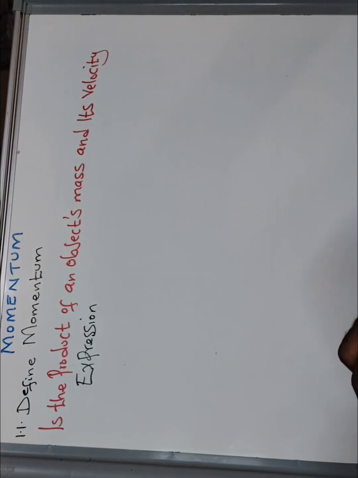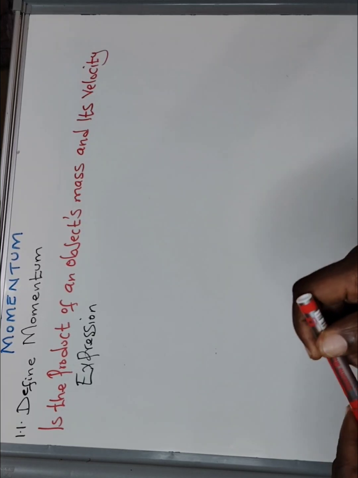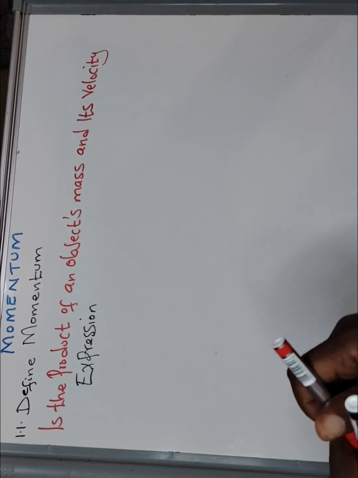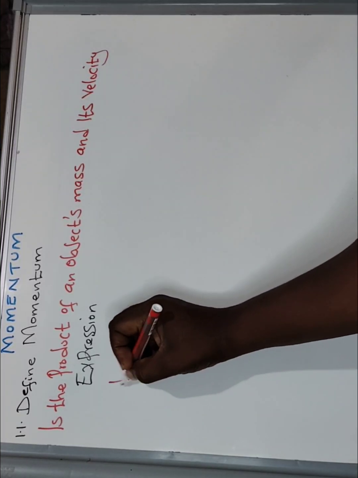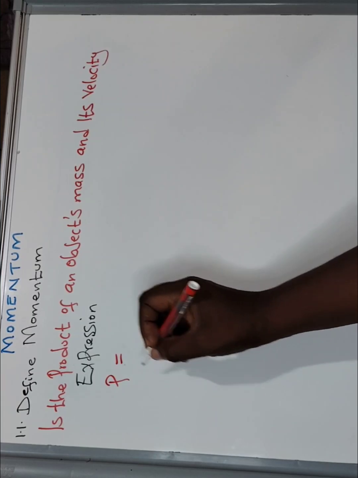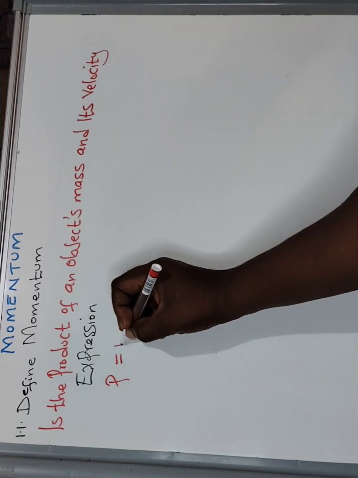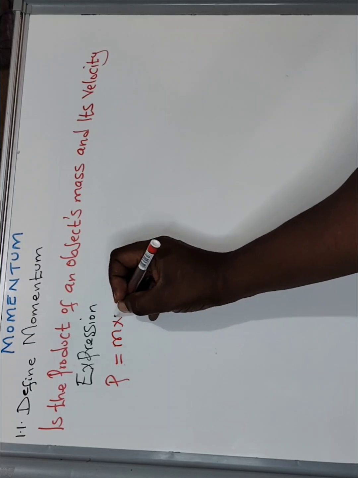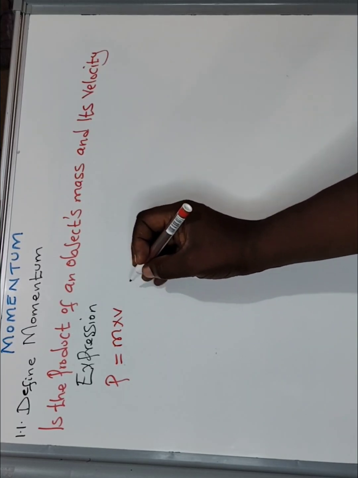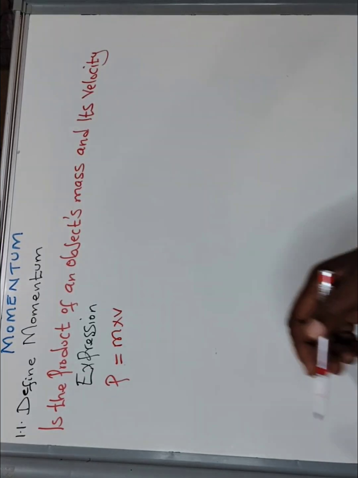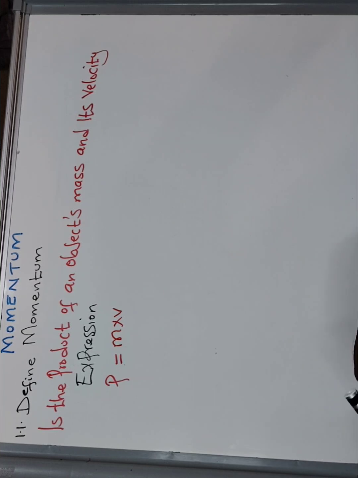Expression, which we call the formula for momentum. Okay, momentum is given by symbol P, and we said it is the product, so we're going to have mass times velocity. So momentum is simply P is equal to mv, as that's going to be the expression.